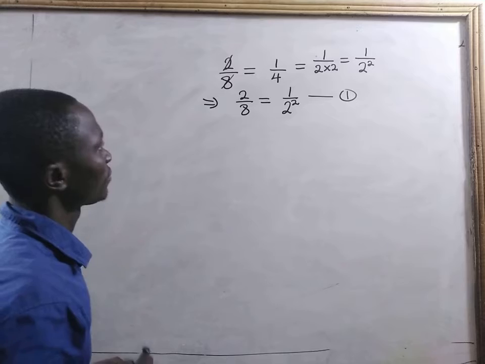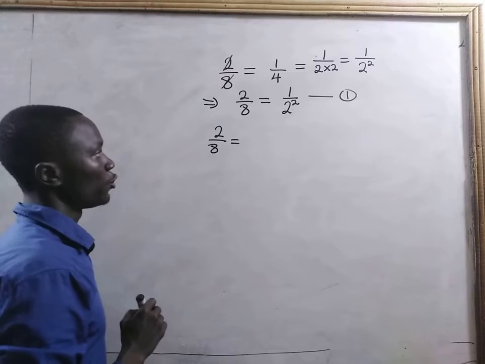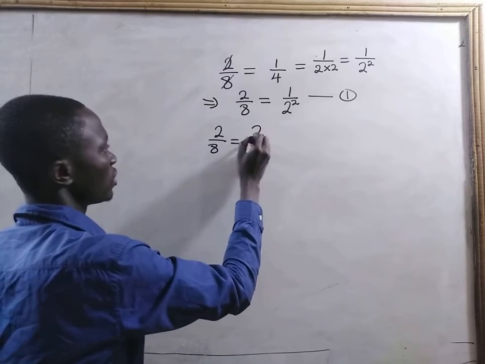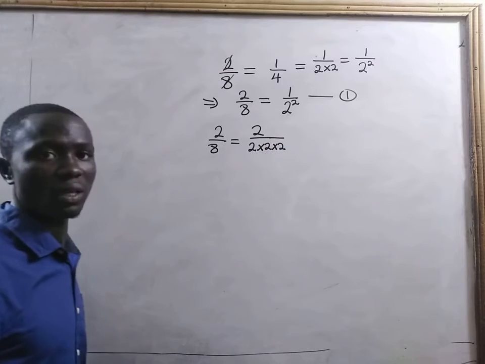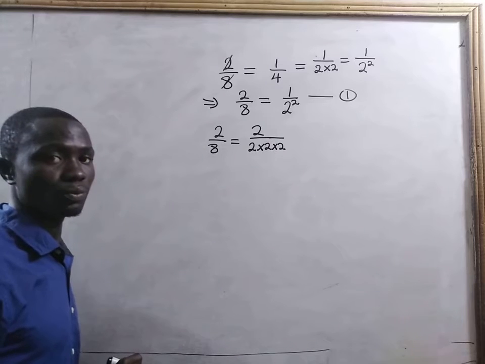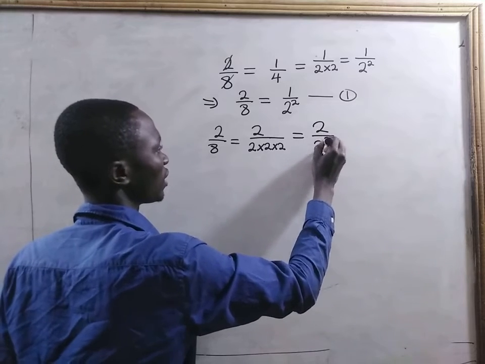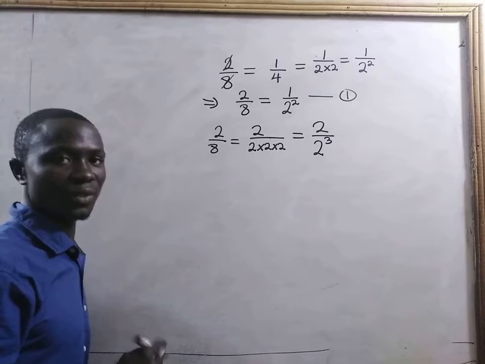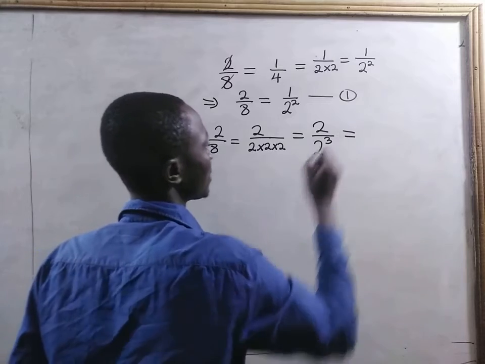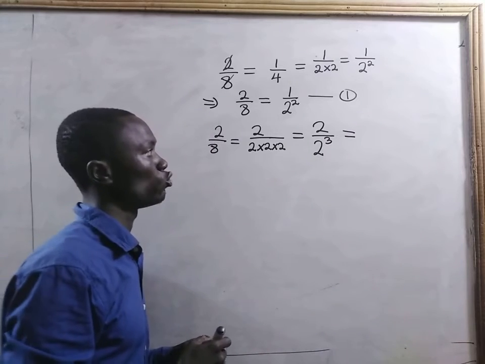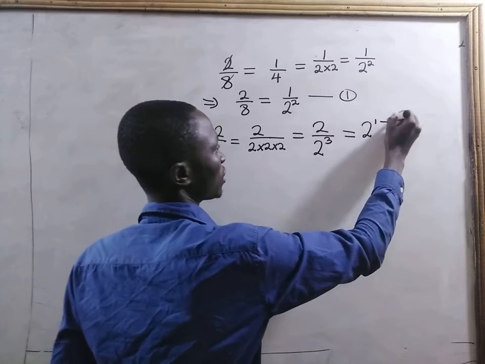So here, let us take 2 divided by 8 again. You know that 2 divided by 8 is the same as 2 divided by 2 times 2 times 2 from the product rule. This gives us 2 divided by 2 to the power 3. Now from the quotient of powers rule, we have 2 exponent 1 minus 3.